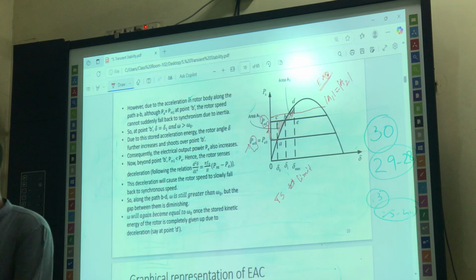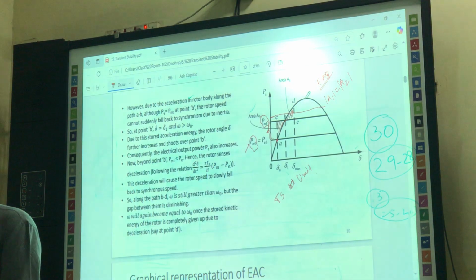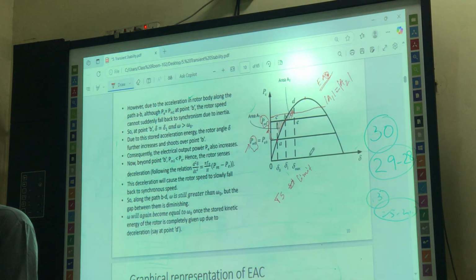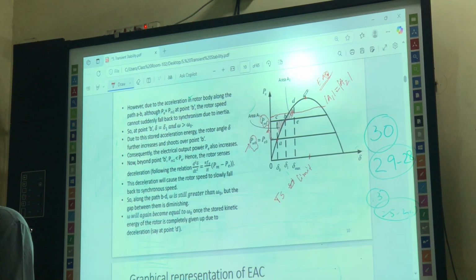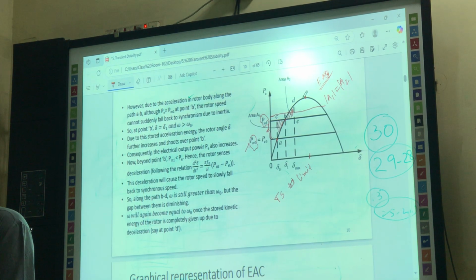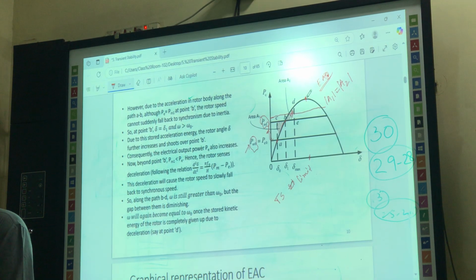In the last class, I said that this pi by 2 is our stability limit. Actually that is only applicable for the small disturbance case, the steady state stability limit. Maybe in the last class I made a mistake saying that pi by 2 will be our limit.